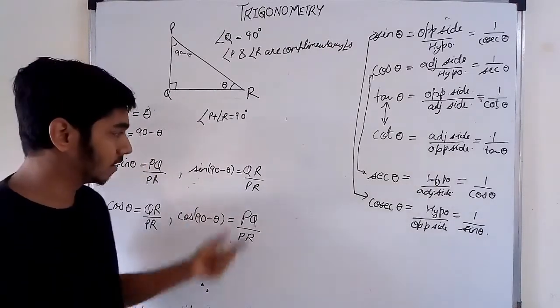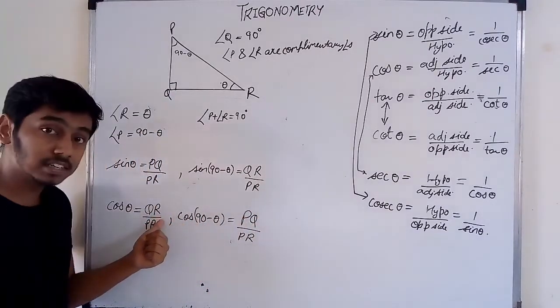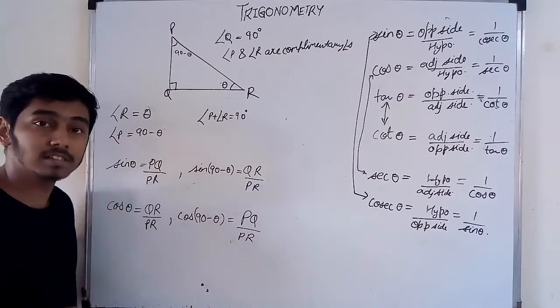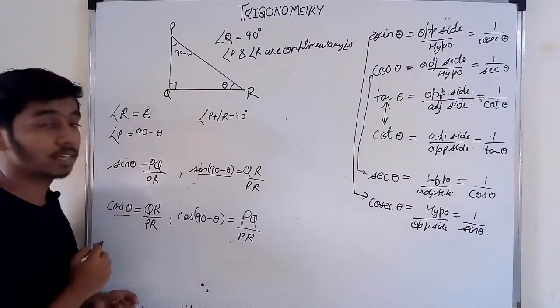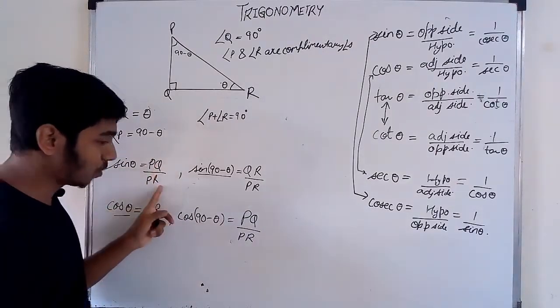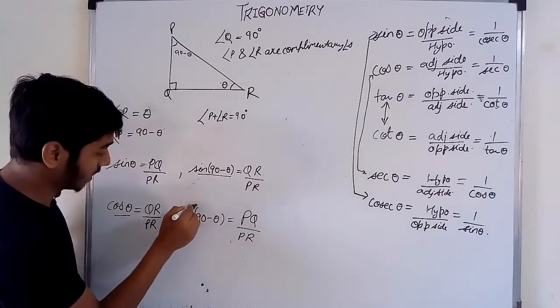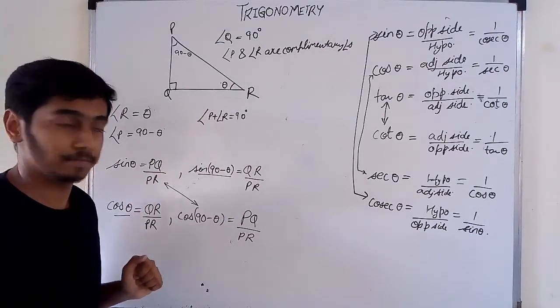Now if you see clearly, this is QR upon PR, and here also QR upon PR. What do you understand from this? We can say that they both are equal. Also PQ upon PR and PQ upon PR here also, same way we can say that these two are also equal. Yes or no?